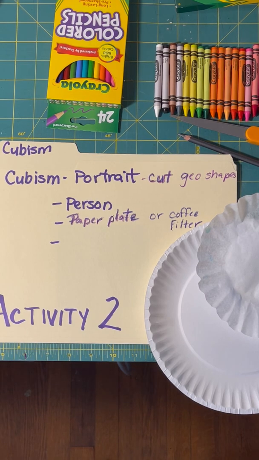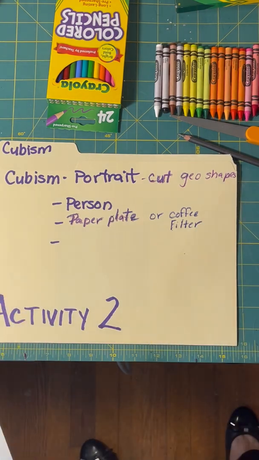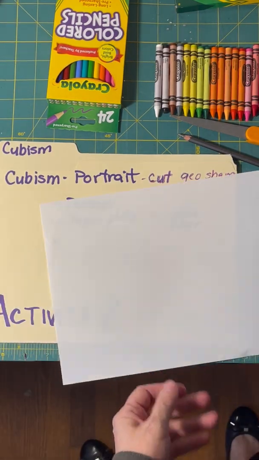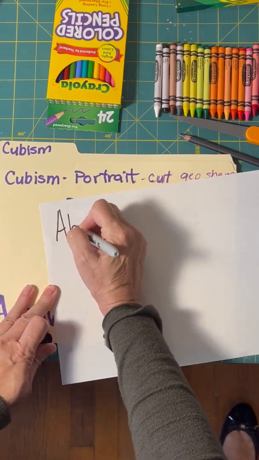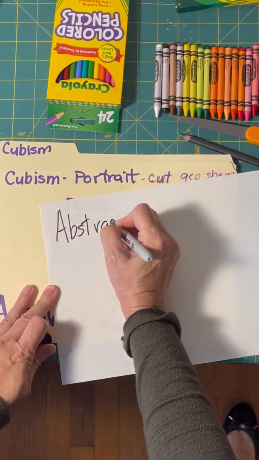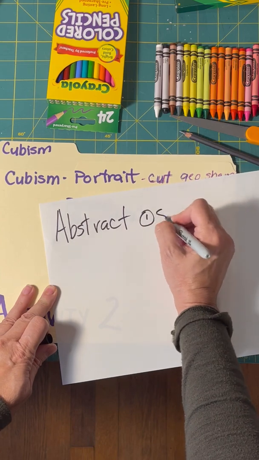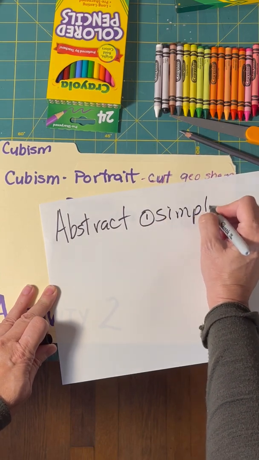And in this instance, what we are going to be doing is we're going to look at what we call an abstraction. And I'm going to take this because this is activity 2. And what we're doing is we're going to deal with abstract. And so there's 3. 1, are we going to simplify?